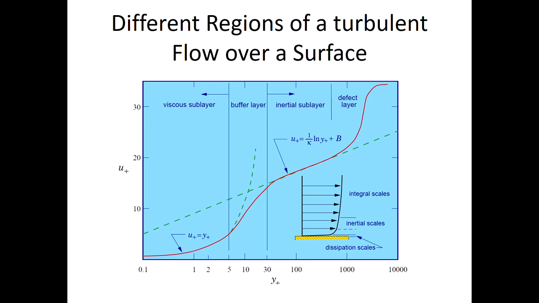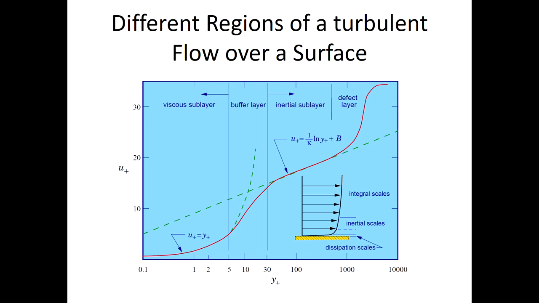So you have a very, very high stress. Turbulent flow has a very high shear stress. Why is it so high here? Because those eddies are bringing the high velocity flow from out here all the way down to the bottom, making this velocity very fast.